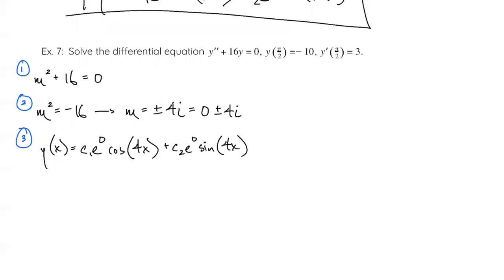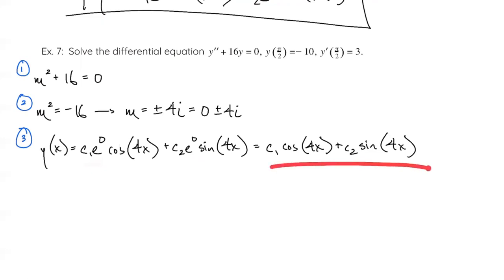So my actual equation is y equals C1 cosine of 4x plus C2 sine of 4x. In this case, because there's no lambda, there's actually no e as part of my solution. That happens sometimes; you'll get a solution that is just cosine and sine.